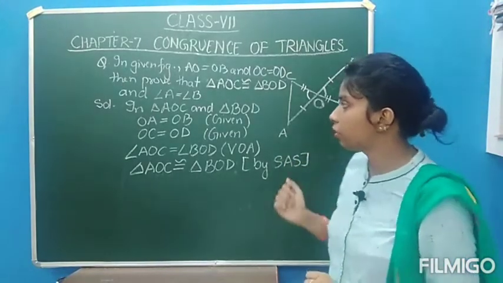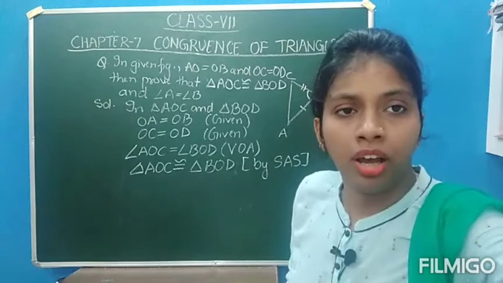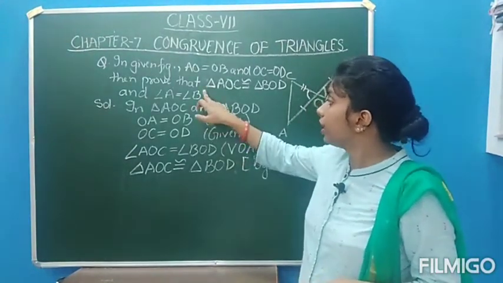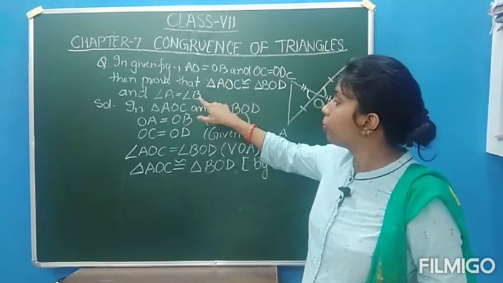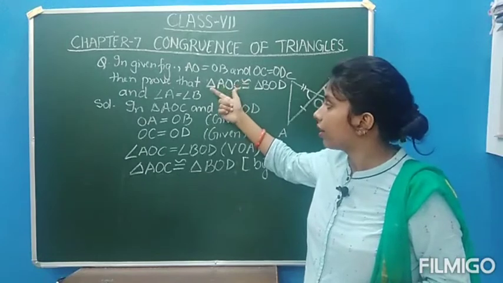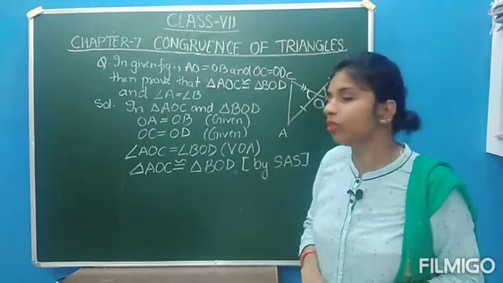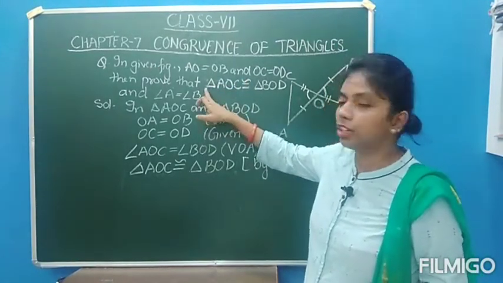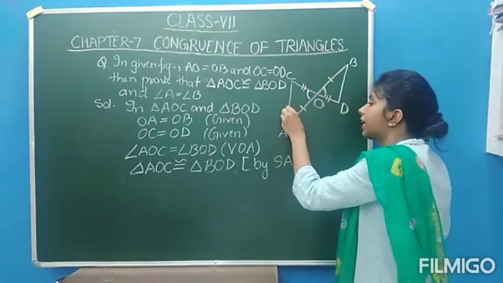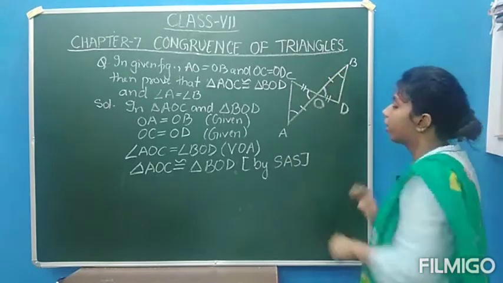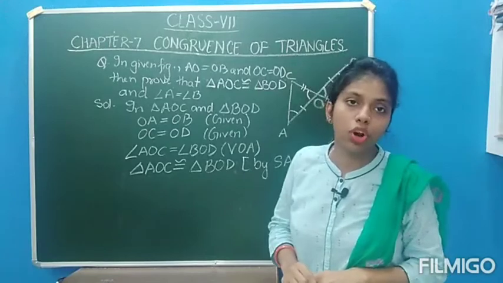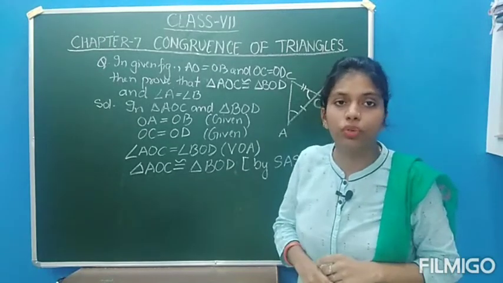Now next we have to discuss. Next we have to prove that angle A is equal to angle B. So let's find out where this angle is. This angle A is equal to angle B. So we can use that property: corresponding parts of congruent triangles are always equal to each other.